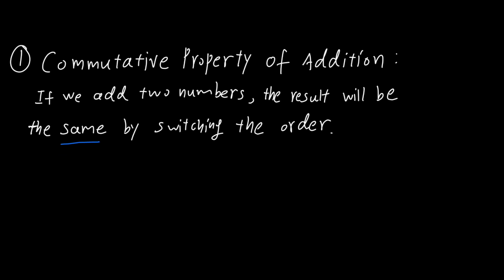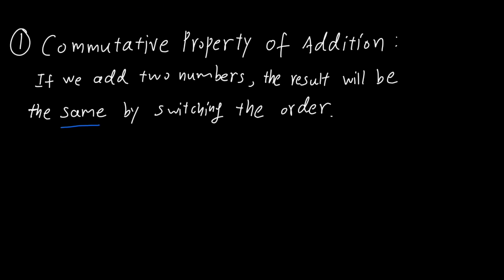Let's say we pick a letter. We call it a variable, and we want this variable to represent some numbers. Let's say I pick letter A to represent any number. And I also want to pick another letter to represent any number as well.